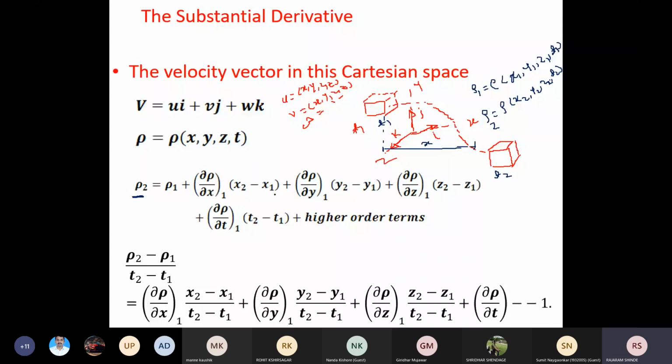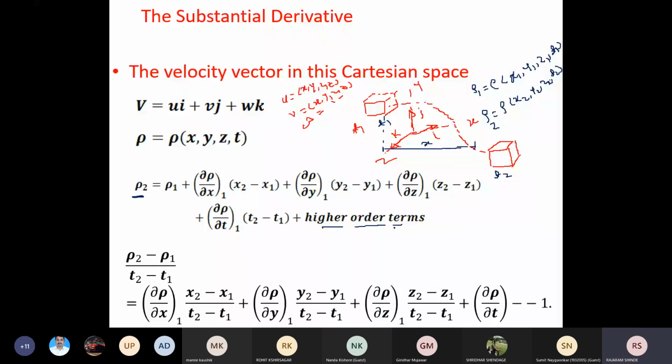Next plus the same thing in y direction. Next plus the same thing in z direction, because it is a function of 3 dimensions as well as time. And again there is a time domain, so t2 minus t1 is the gap between the two times. Plus higher order terms may be there, but I am going to truncate these higher order terms.